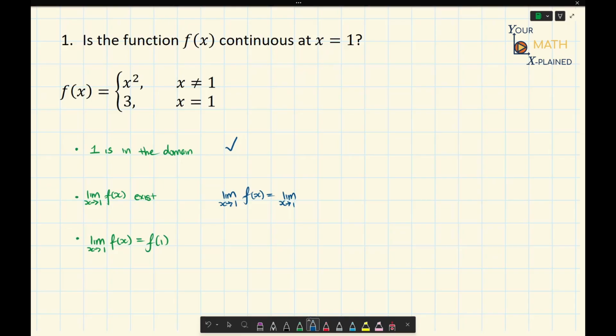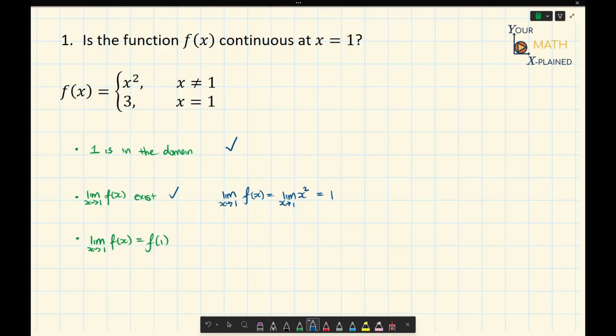So when we're approaching 1, regardless if we're approaching from the left side or the right side, we're going to be using x squared. And here we can just use direct substitution, and we can see that this is equal to 1. So we can put a check mark beside this one as well because the limit does exist.